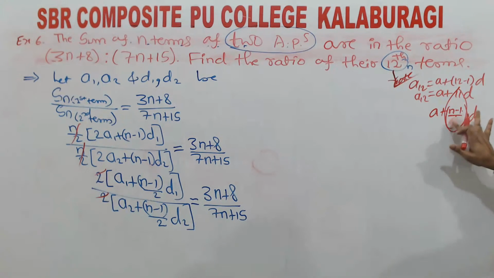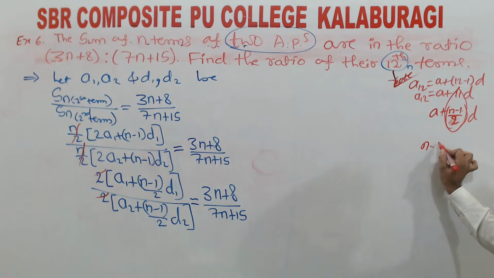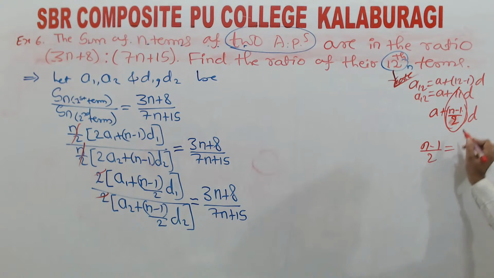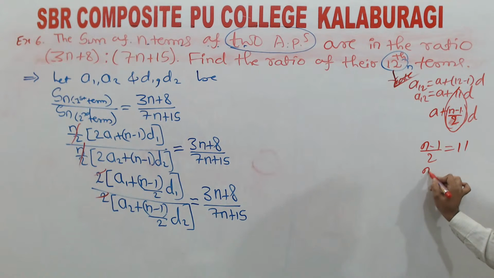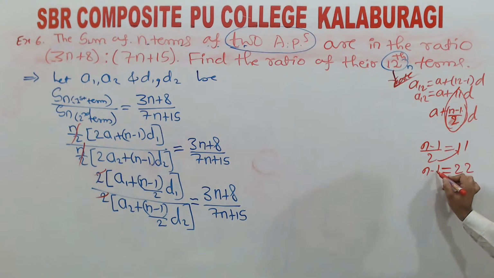So n minus 1 divided by 2 is equal to 11. It means n minus 1 is equal to 22, the 2 going to the right-hand side and multiplying. Then the minus 1 goes to the right-hand side, and it is 22 plus 1.